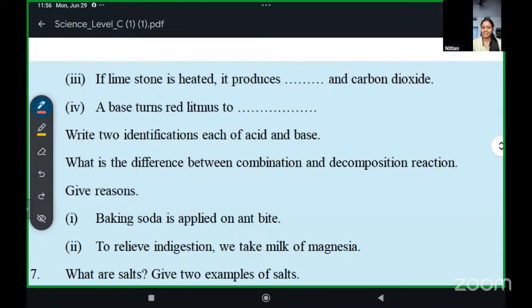Quicklime. Yes, Zoe, say again. Quicklime. I'm not understanding what you're trying to say. Quicklime. Quicklime. That's right.